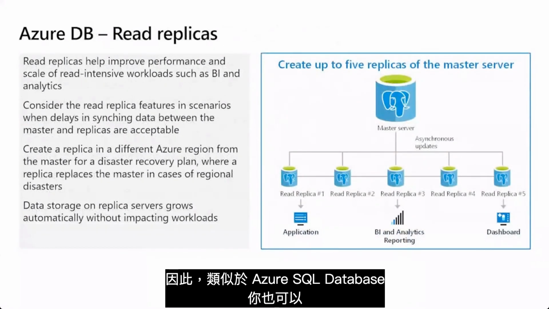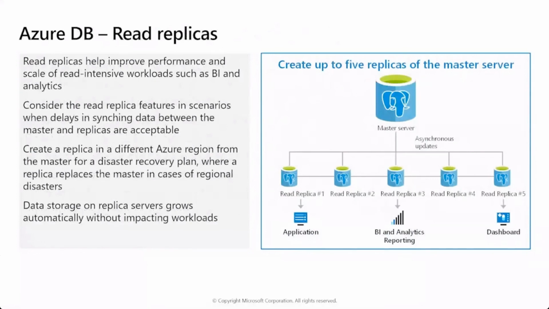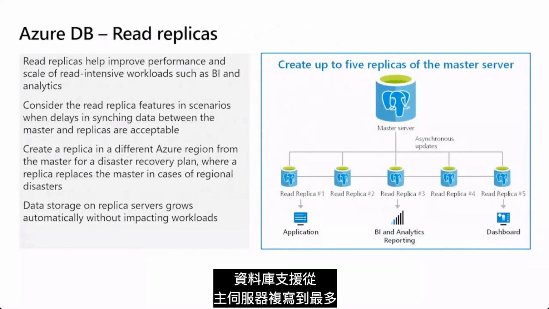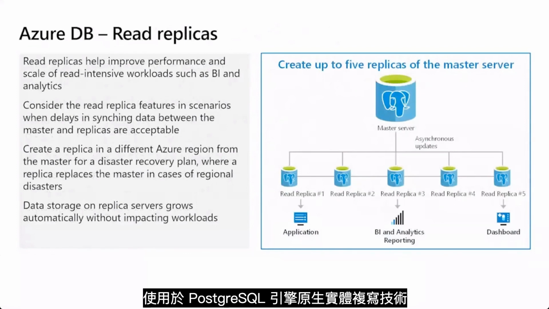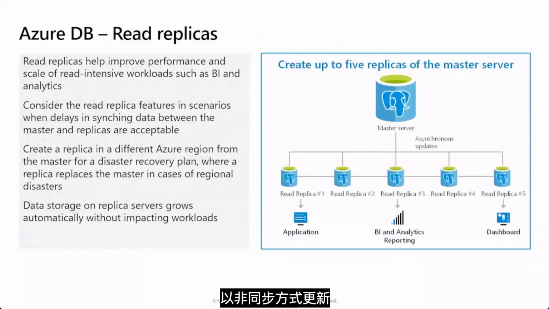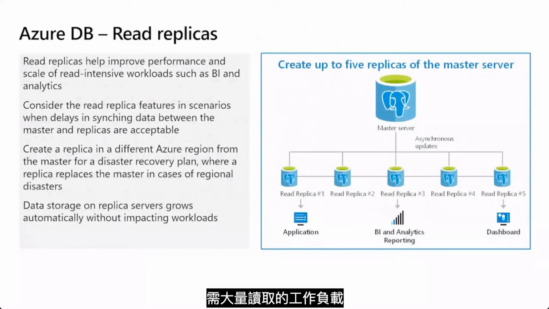So similar to Azure SQL databases, you can also replicate data for Azure PostgreSQL database or Azure MySQL database to a read-only service. So Azure PostgreSQL database supports replication from the master server up to 5 replicas. So replicas are updated asynchronously with PostgreSQL engine's native replication technology. The read replicas help to improve the performance and scale of read-intensive workloads.